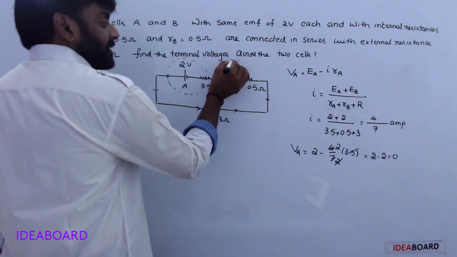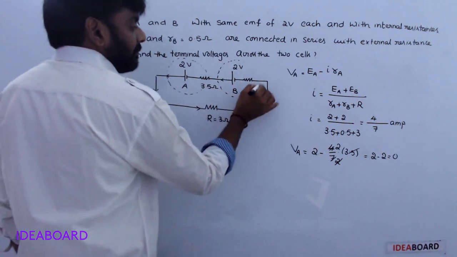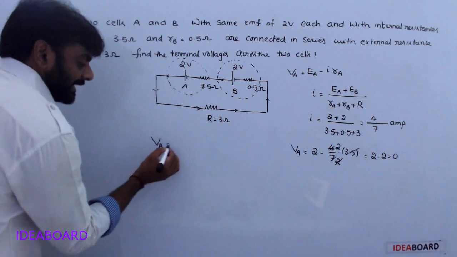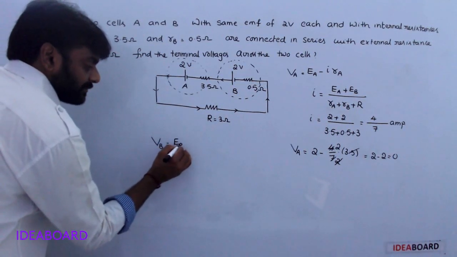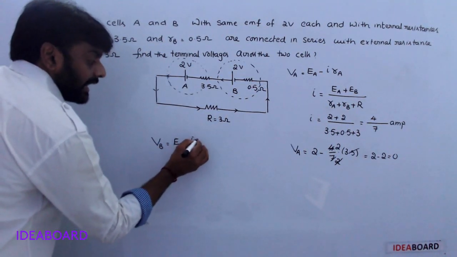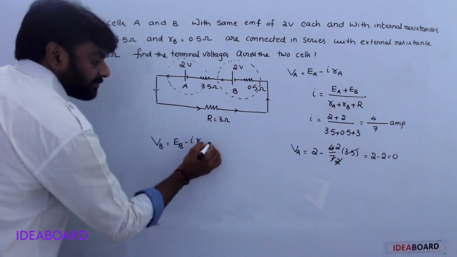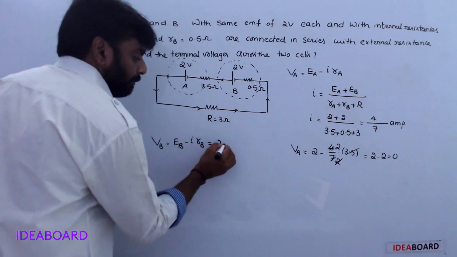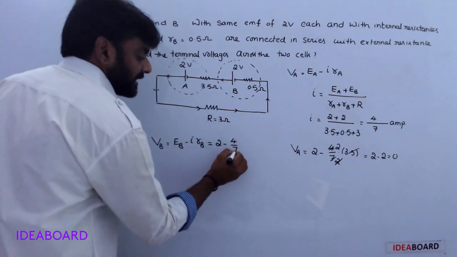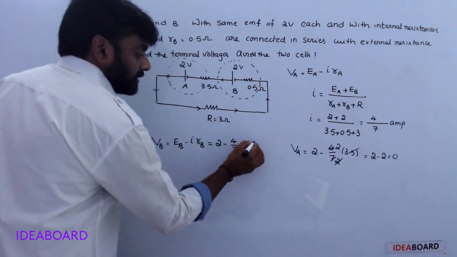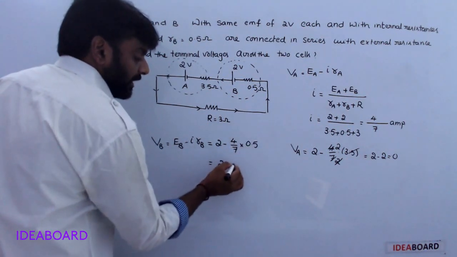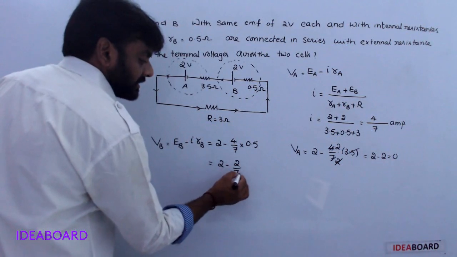Next, the potential drop across the second cell. V_B is equal to E_B minus I r_B. E_B means 2 minus current 4 by 7 into 0.5. So 2 minus 4 into 0.5, that is 2 by 7.